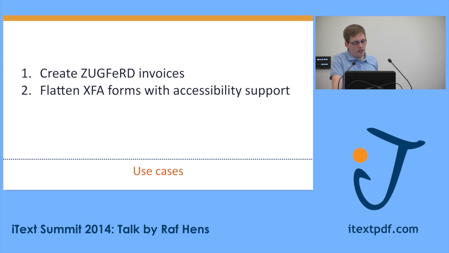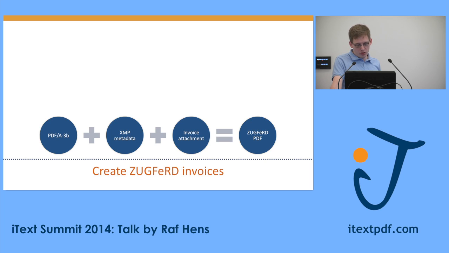And then after that, to conclude this presentation, I want to show you how you can flatten dynamic forms in PDF, XFA forms, and still retain their accessibility support. So starting with the ZUGFeRD invoices first.